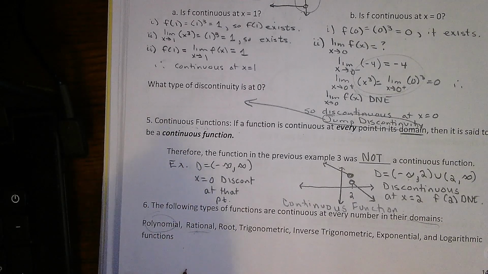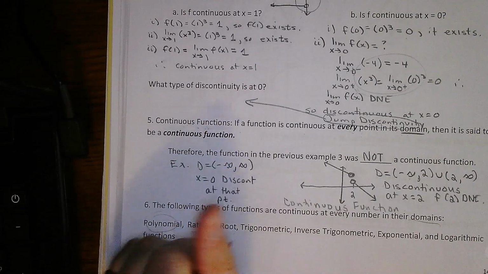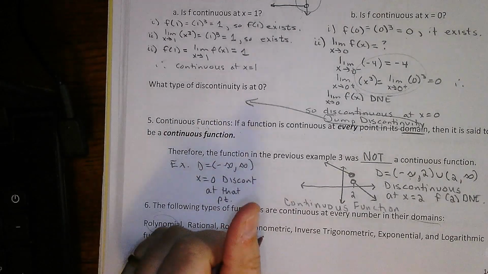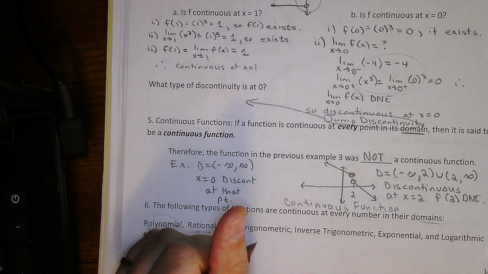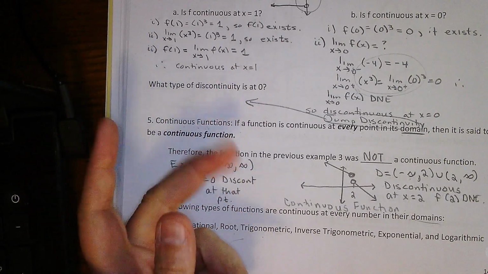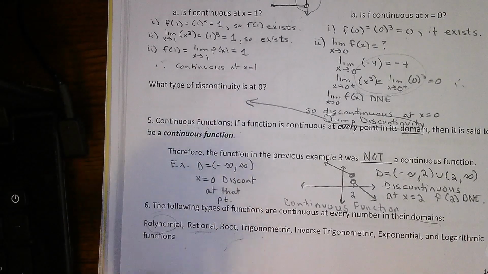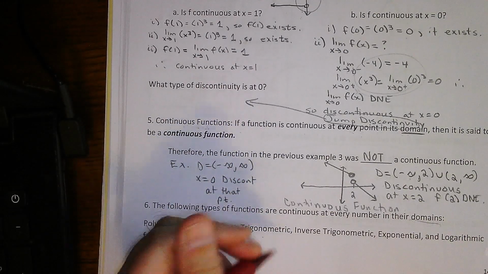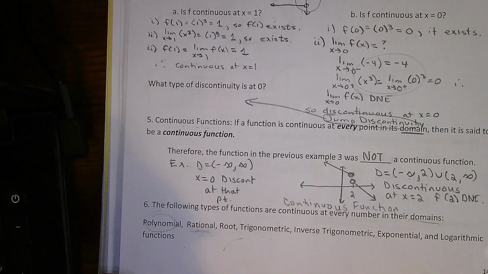So it's a little tricky. Root functions, square root functions are continuous. Trig functions are continuous. You might be thinking of tangent. Tangent has a domain issue, but since those values are not in the domain, it's a continuous function.